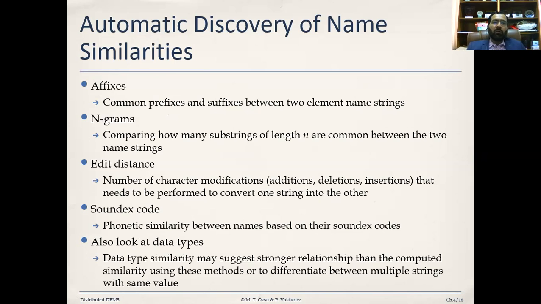So we go for the n-gram approach, which is a useful tool here, comparing how many substrings of length n are common between the two name strings. What we try to find out using the n-gram approach is the substring common among the two name strings.